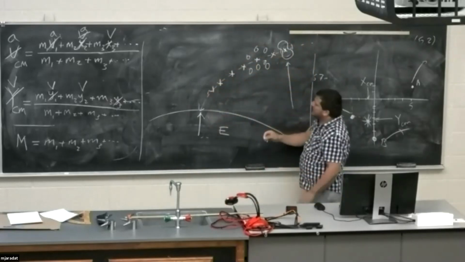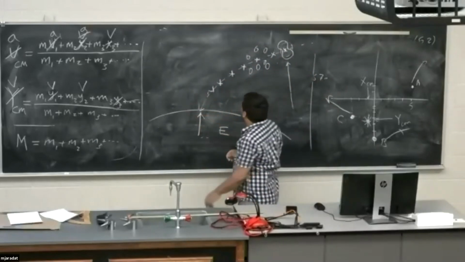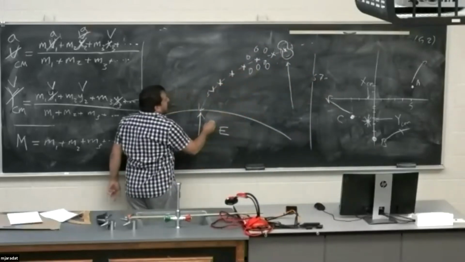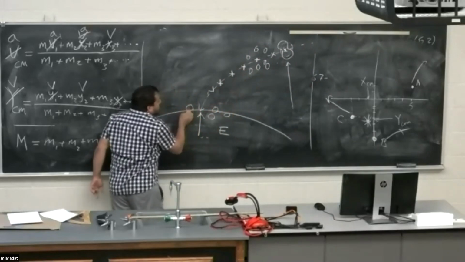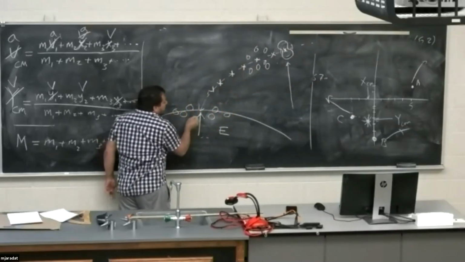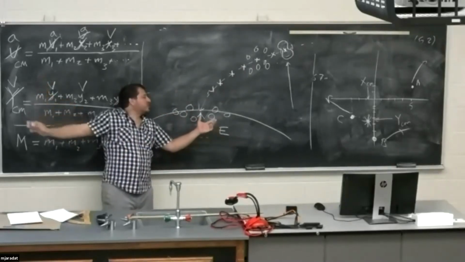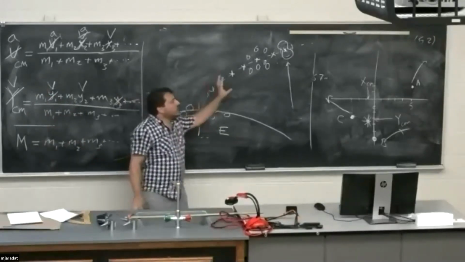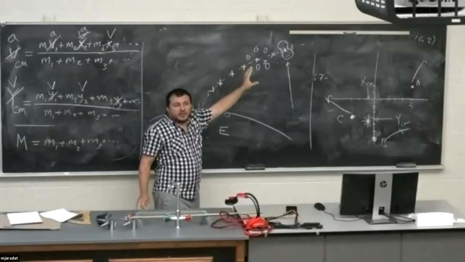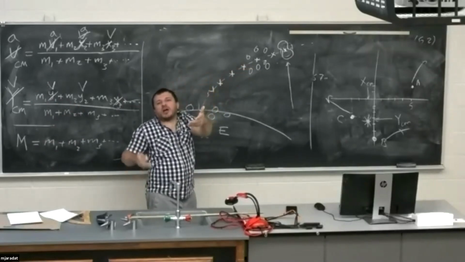And these pieces will distribute around the motion of the center of mass, like this. And these pieces will hit the ground in different places. If you need to compute the position of the center of mass, it will stay the same. So the motion of any system is ruled by the motion of the center of mass.